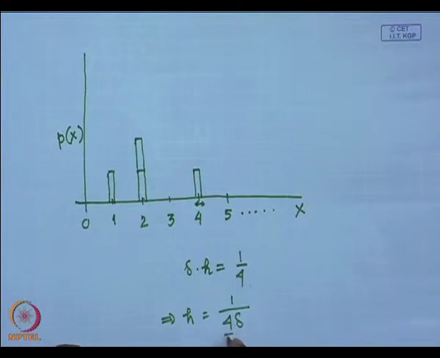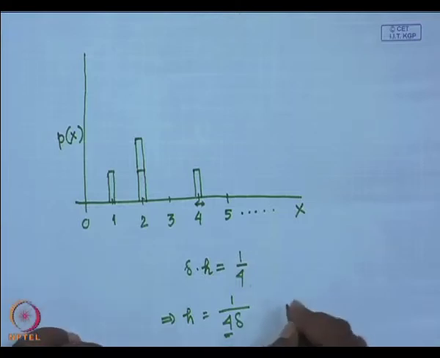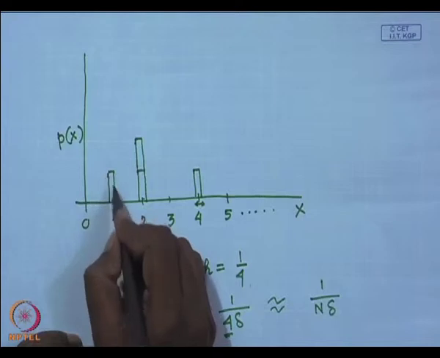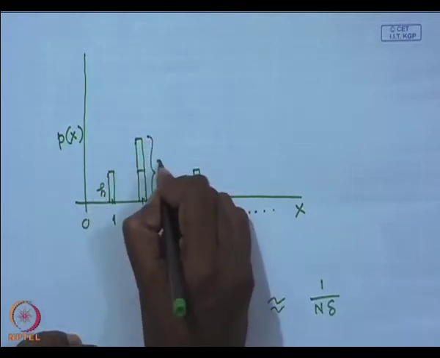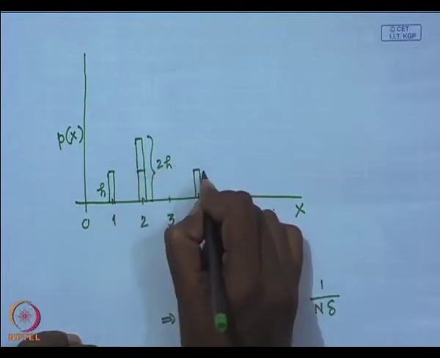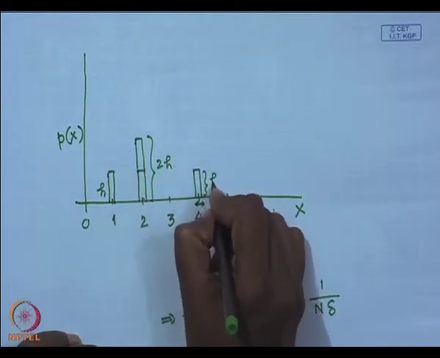Here this is 4 because I have 4 samples to estimate the probability density function. If I have n number of samples, then this h will be 1/n times delta. So, here the height of this delta function will be h, height over here will be twice h, and height over here again will be h.